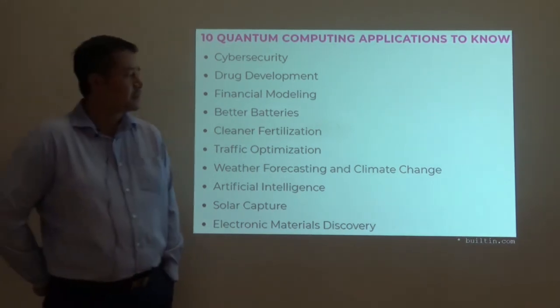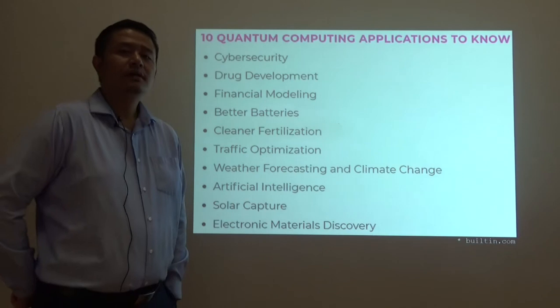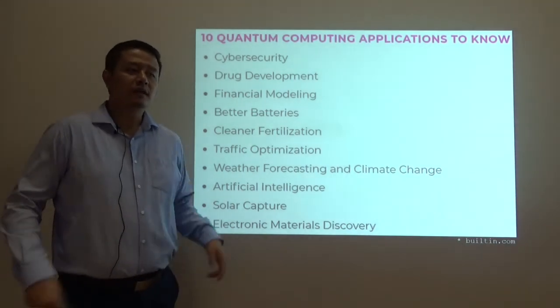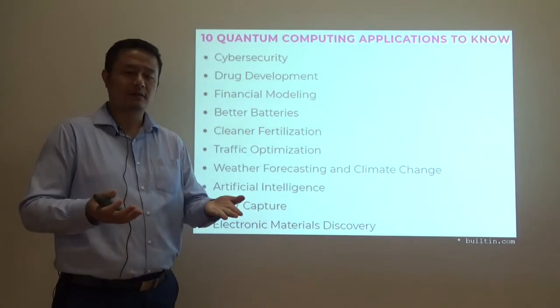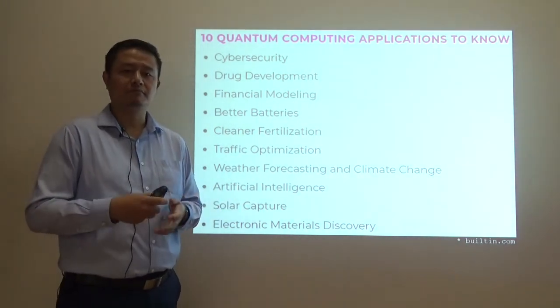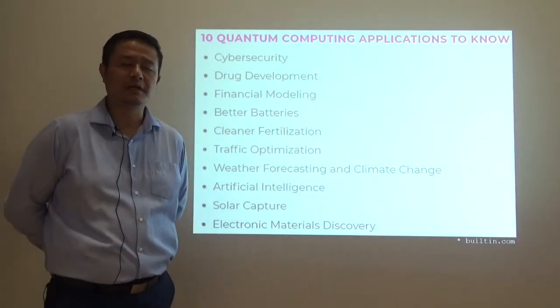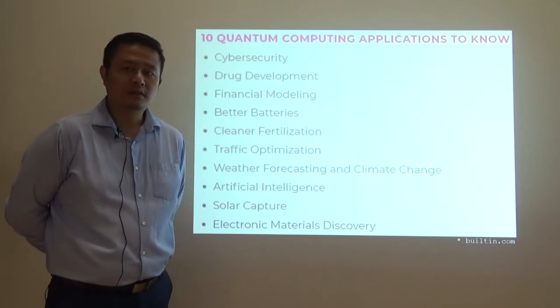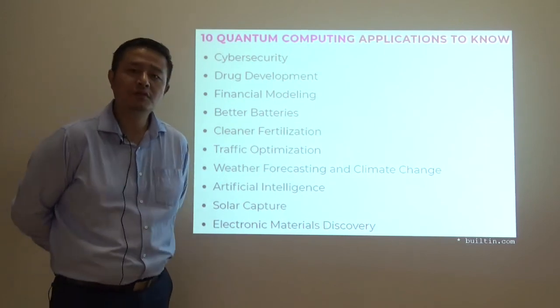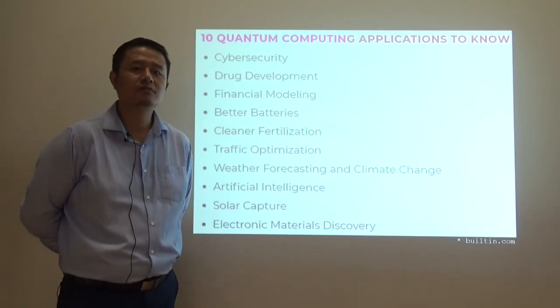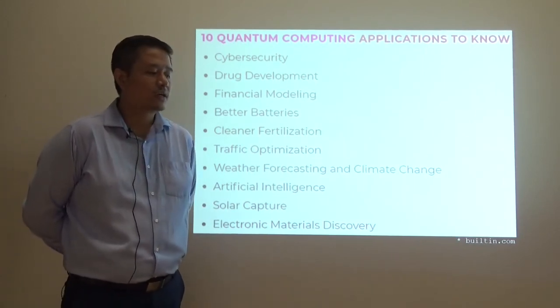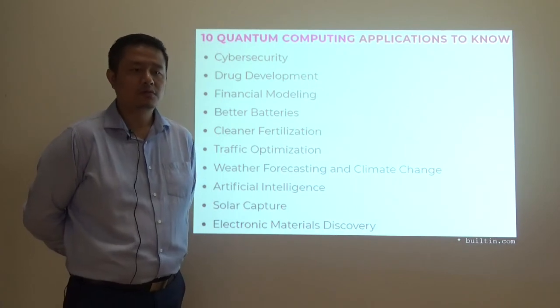I would like to add a note. It's nothing like a quantum computer will replace the classical computer as we have used in our daily life. But the thing is, a quantum computer can do certain jobs which a classical computer cannot do.